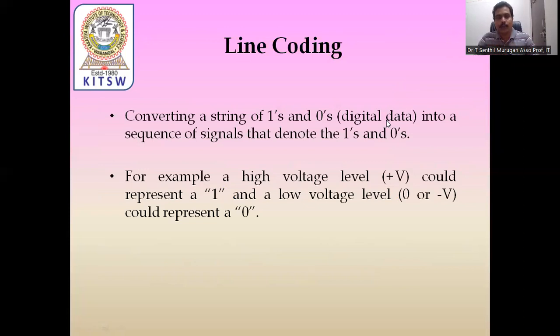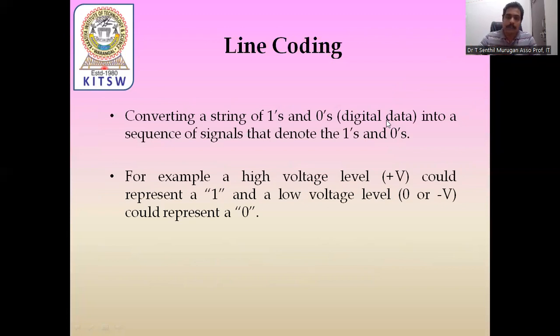First one, what is line coding? Line coding means converting a string of ones or zeros, that means digital data, into a sequence of signals that denotes the ones or zeros.